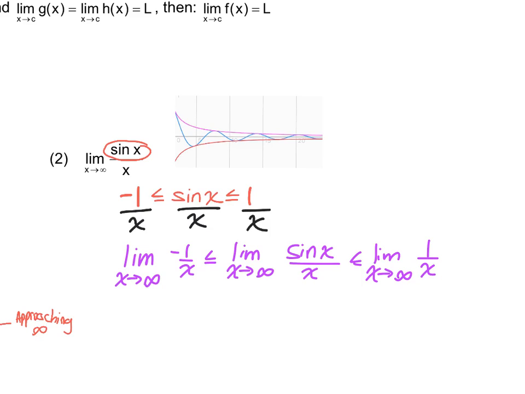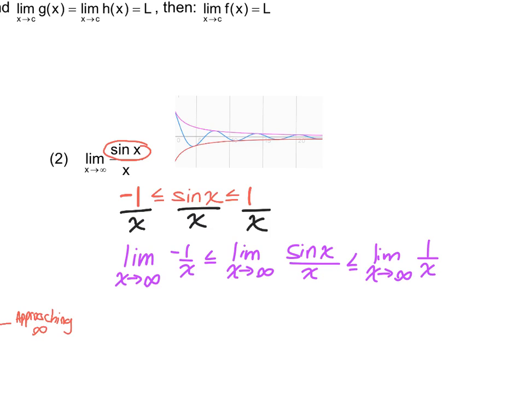Now, some might wonder why it was okay to use a less than or equal to symbol right from the get-go on this particular problem, whereas in the last one it wasn't okay. The rationale is that we could actually get to the outer functions with the inner function.